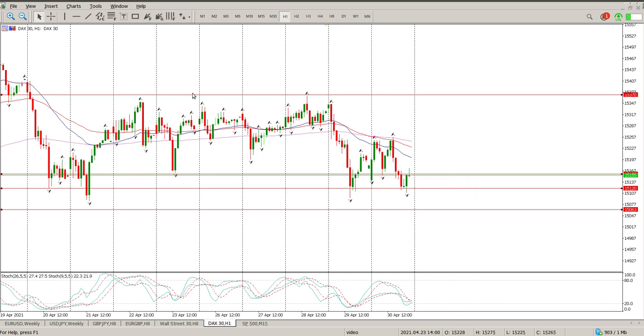There is another breakout retest right here, which would also get me interested, which is 15,200. To me, I'm kind of leaning towards a move to the downside, but there's no confirmation yet.